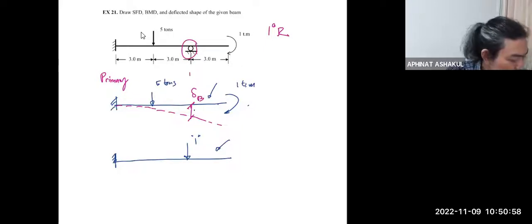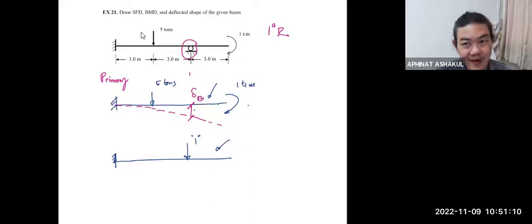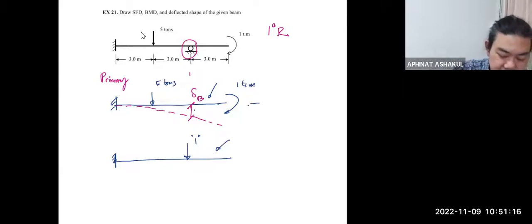There are quite a few things that you can do to try to help you. First and foremost, for those of you who are not really good at writing the equation, you know what you should do? And you know what I'm going to say, right? Free body diagram. If you don't see it, you can try to draw the free body diagram. You can cut it here.